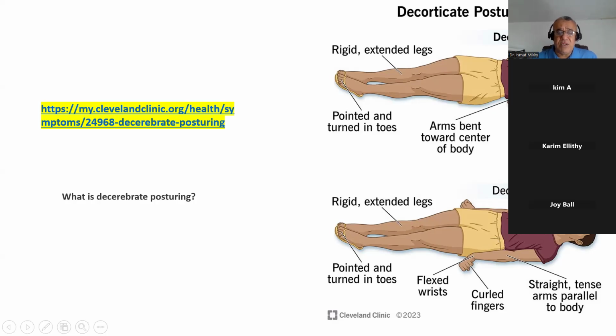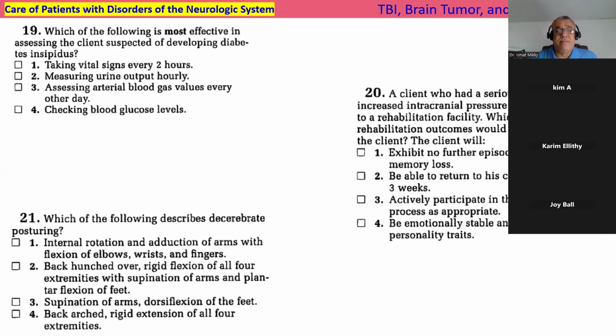So the question is basically asking which best describes the decerebrate posture. Decorticate is inward, decerebrate is outward. So you exclude the internal rotation, the first one, and then the back hunched over with rigid flexion.